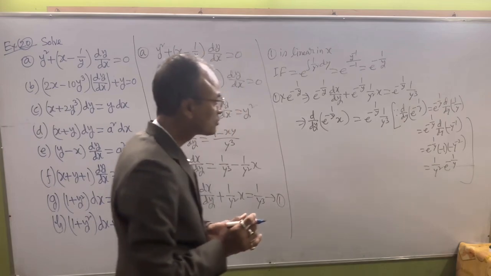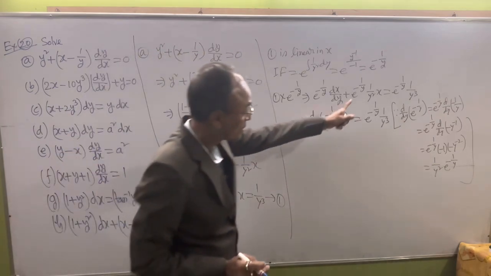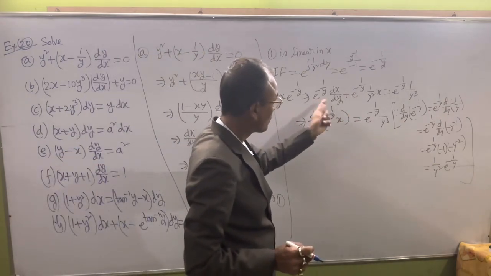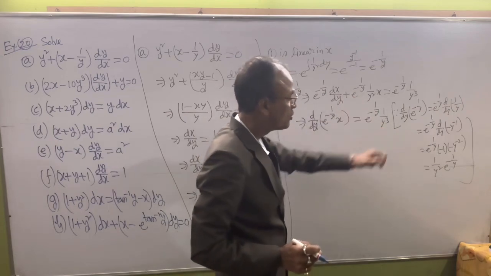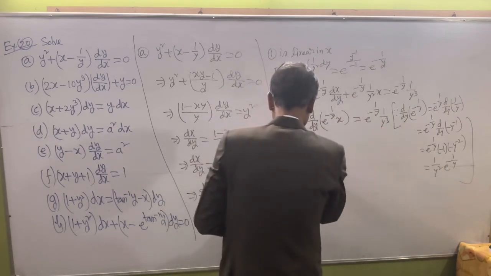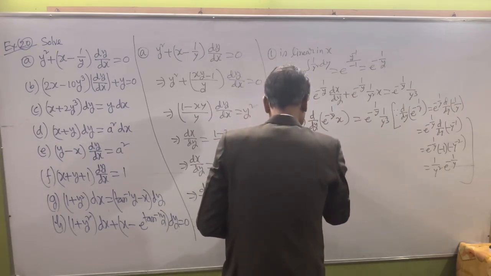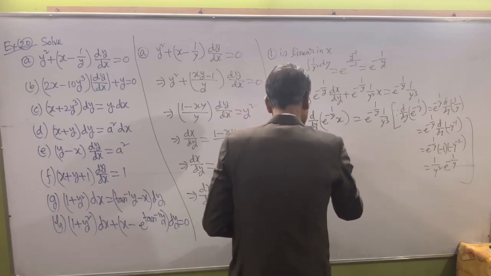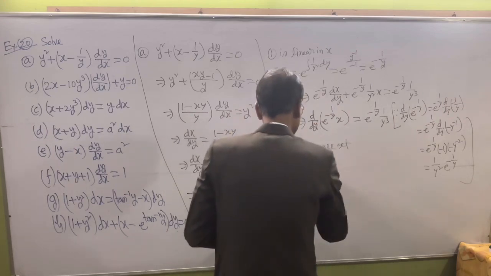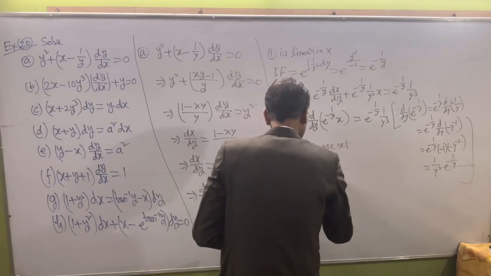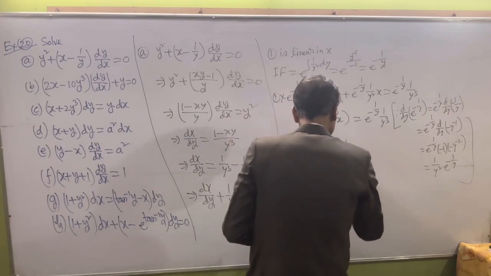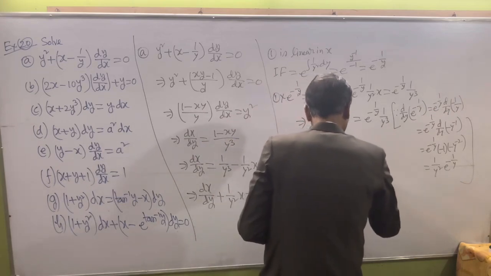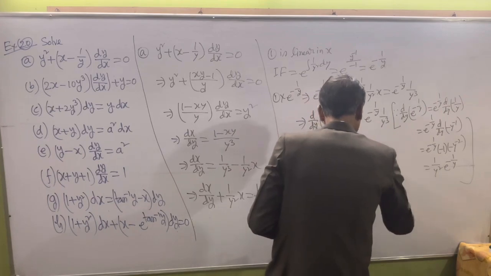Therefore, d dy of this equal to this. Now integrating we get e to the power minus 1 by y x equal to integral e to the power minus 1 by y 1 by y cube dy plus c.